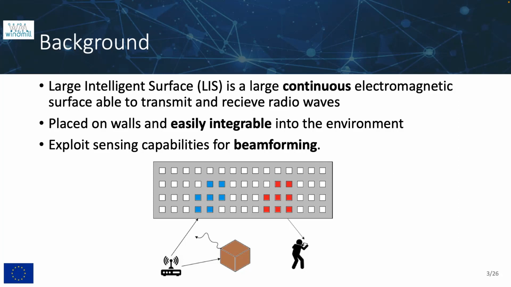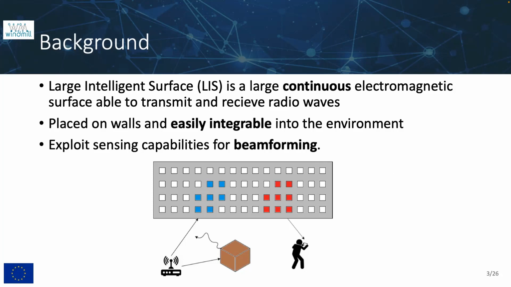Here we have an exemplary scenario. Let's imagine that we have an access point that is trying to communicate with a user. The access point is trying to send the signal to the user, but there is a blockage in the line of sight. The idea in our work is that we will use the signals occurring in the environment, the reflections in the scatterers, walls, everything, in order to extract some information about what's going on.